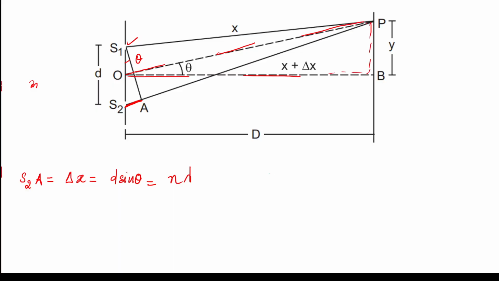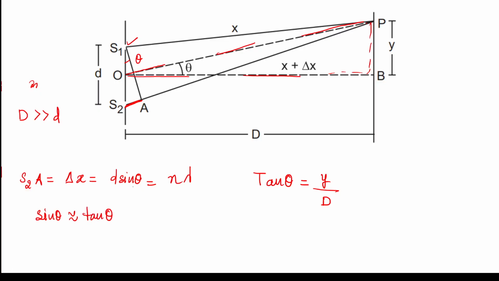what will be tan theta from that triangle? So my tan theta is y over capital D. And because angles are very small, this is an assumption, your capital D has to be much larger than small d. Then your sine theta will be nearly equal to tan theta.